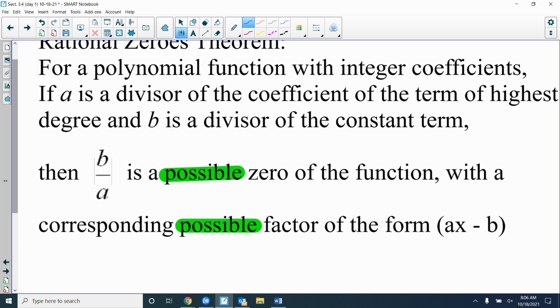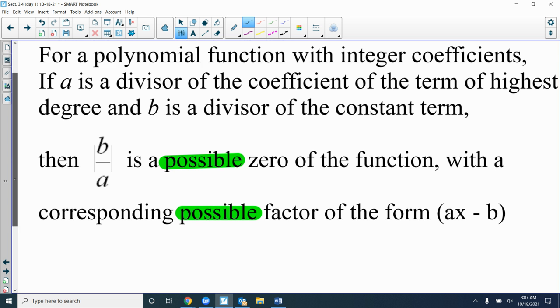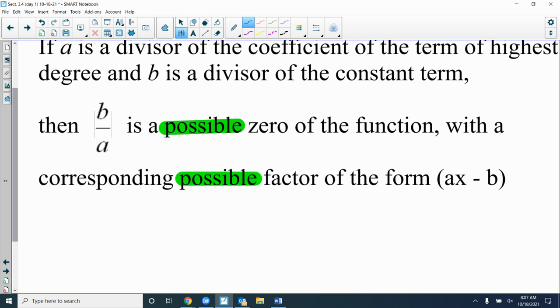For a polynomial function with integer coefficients, so integer means whole numbers, you can't have fractions or decimals. If A is a divisor of the coefficient of the term of highest degree, basically your first term, and B is a divisor of the constant term, then B over A is a possible zero of the function with corresponding possible factor in the form Ax minus B.